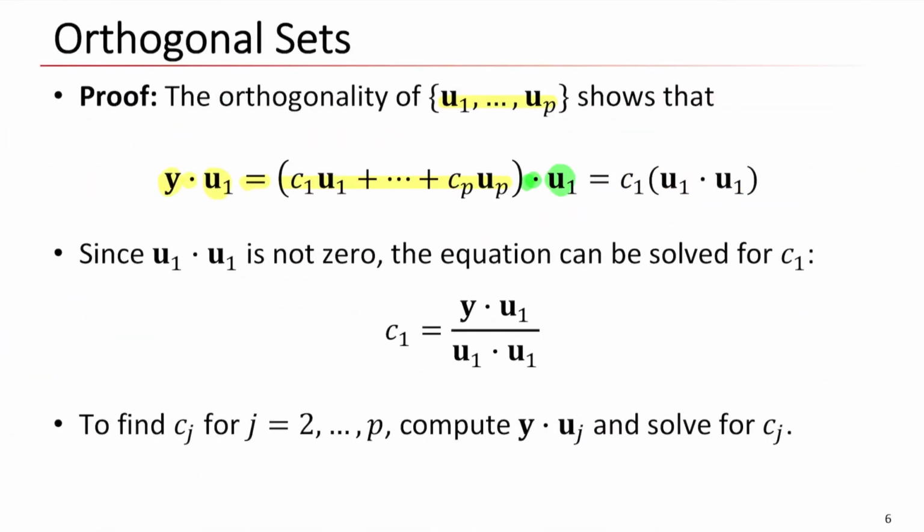We can derive C1 times U1 inner product U1 because U1 inner product Uj is equal to 0 when j is not equal to 1. Okay, because this is the definition of orthogonality, right?